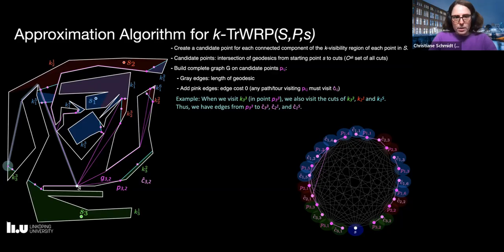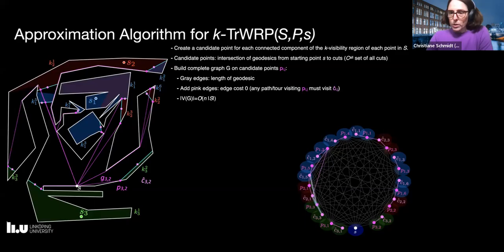So we visit the cut of K15 and the cut of K21, and also, of course, the cut of K33 by definition. So we get these 3 edges of length 0. If we visit that cut, we get the other ones for free.